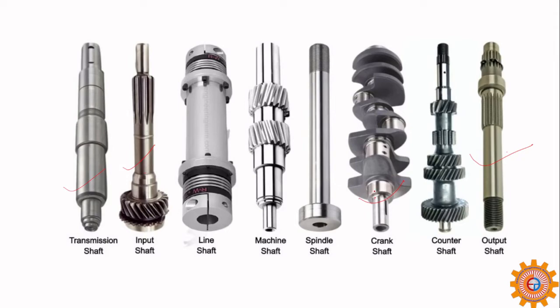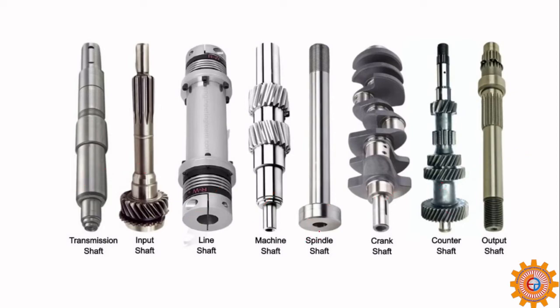This is a counter shaft, also used in gearboxes. This is an intermediate shaft. Other types are line shafts, machine shafts and spindle shafts. Based on the application, these are divided. Basically, they are rotating.